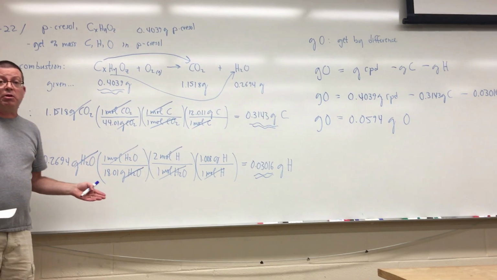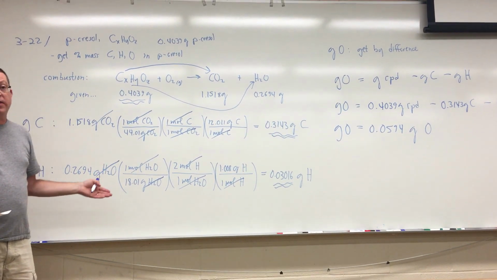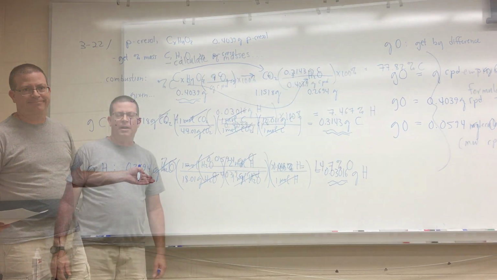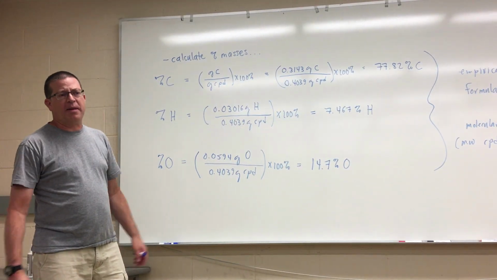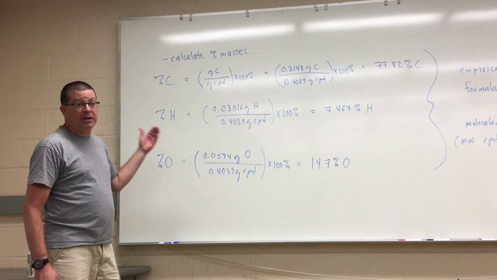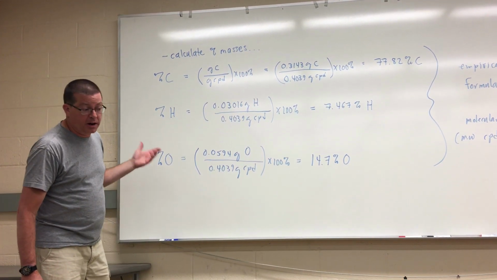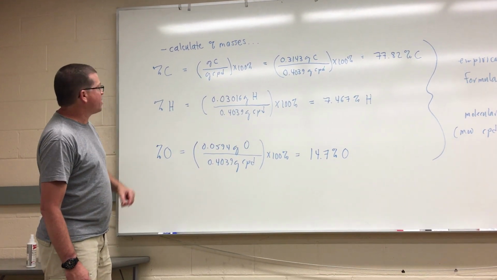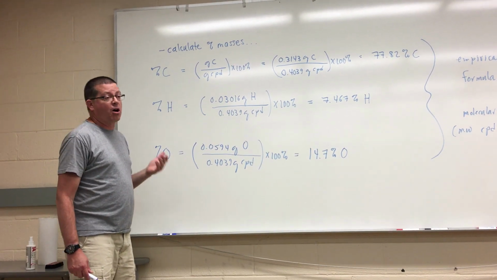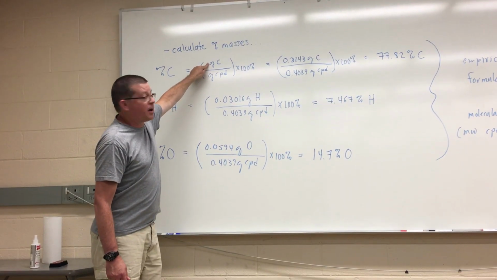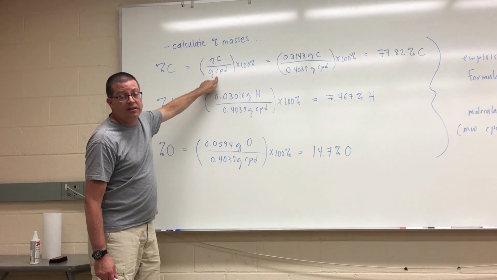So the next step that we want to make is to convert everything over to mass percent. So we'll do that in just a moment. So now, using the masses that we just calculated, we can come back and get percent masses for each one of the elements involved in the compound. So, for example, if I want to get the percent by mass of carbon, I'm going to ratio the grams of carbon in the compound to the total mass of the compound.